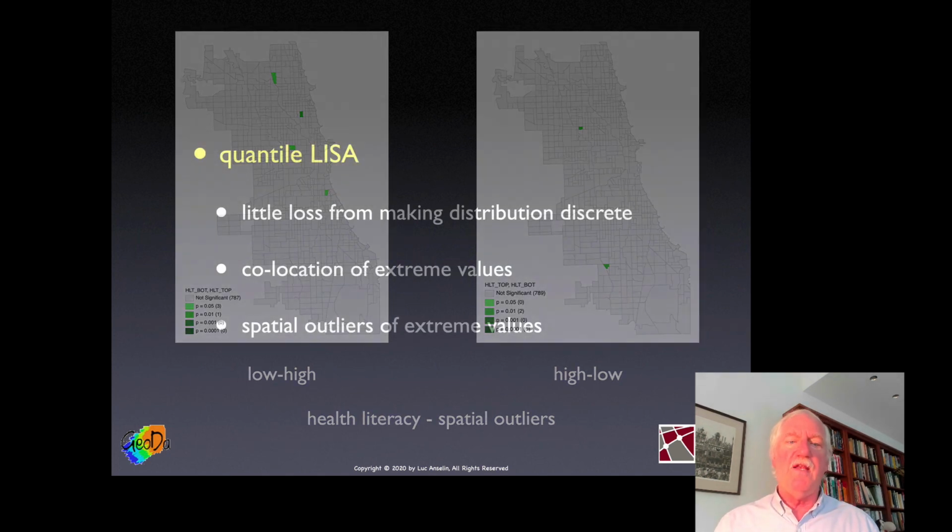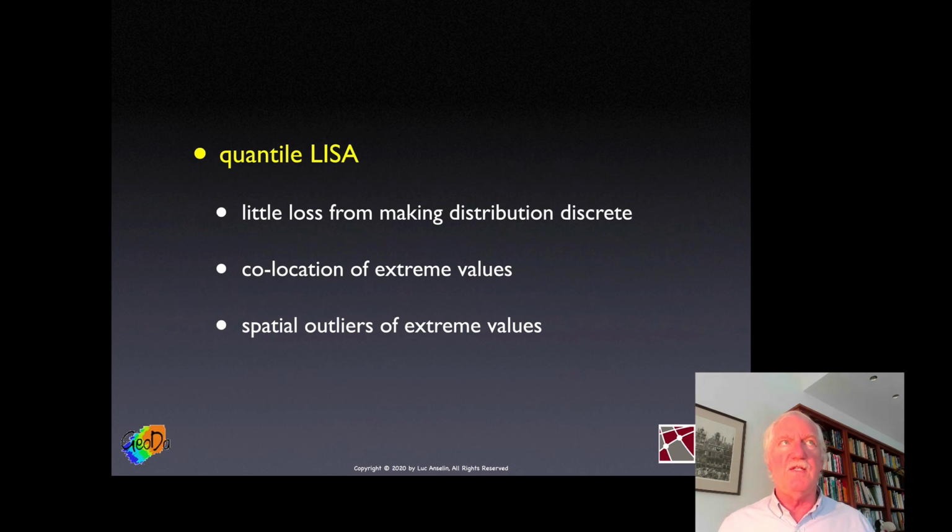So the bottom line for this Quantile LISA, and as I mentioned, it's very recent, but it's something I've come to like quite a bit, because the other statistics, and this is in the spirit of quantile analysis in general, can muddle things a little bit, especially around the middle, around the mean. But this just cuts to the chase.